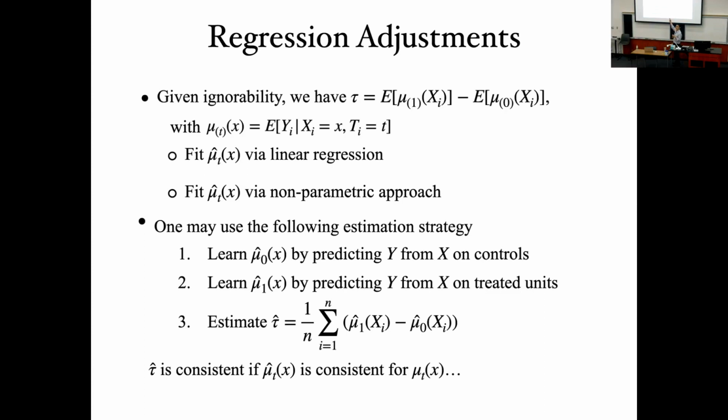Now you can just use whatever value you like for X. You can use all X values here and all X values here. Clearly, you are using the same distribution for X when you calculate this. Okay, so now you see how we can do regression adjustment. Let's go further.